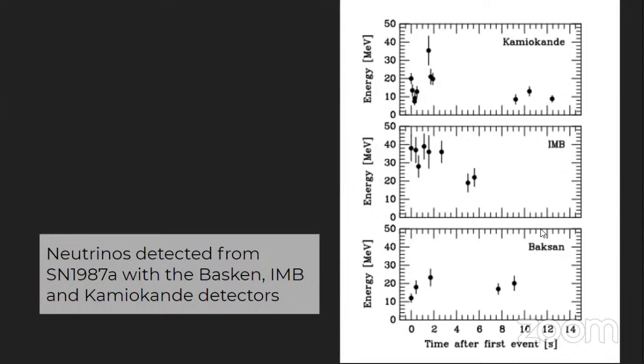One thing you can note here is that the neutrinos detected by Kamiokande arrived in two distinct pulses. The first pulse with 9 neutrinos and the second one with 3. But to gain more insight about this, we need to observe more such neutrino events.